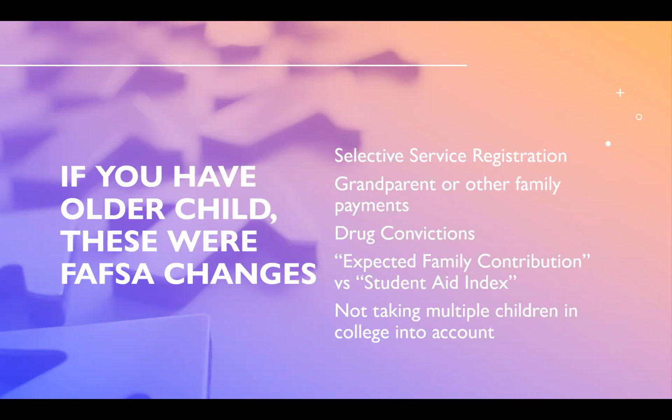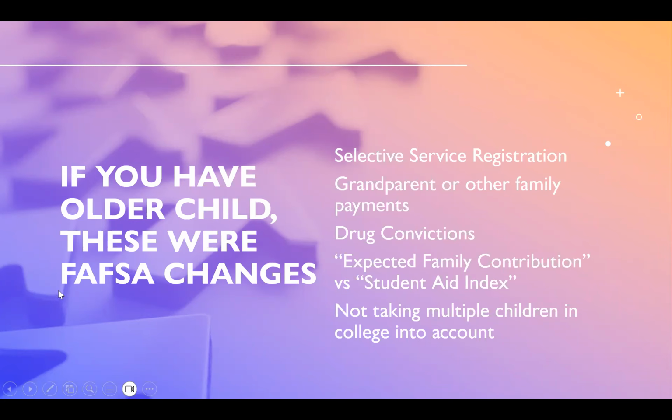It also will not ask about any payments that grandparents or other family members are making. It doesn't ask if the student has had any drug convictions. And as I mentioned before, it stopped using the words expected family contribution, and now instead it's calling it the Student Aid Index.